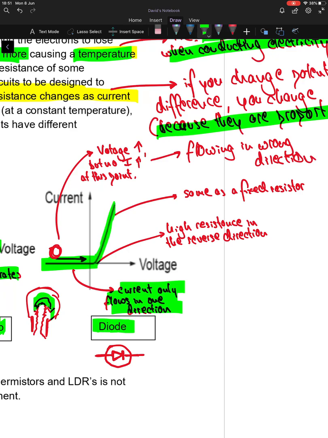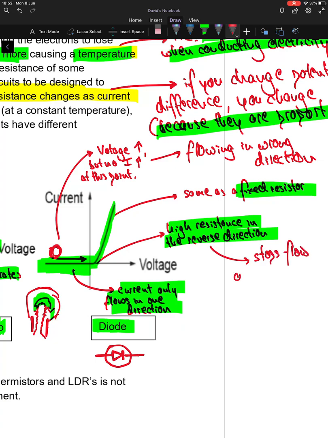Whereas when it starts to move in the right direction, it then increases in an almost directly proportional relationship, just like a fixed resistor. But down here, where it's 0, the resistance is incredibly high. So that stops the flow of current in the wrong direction.